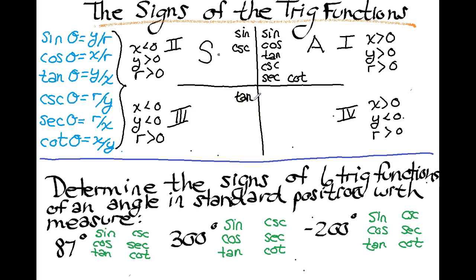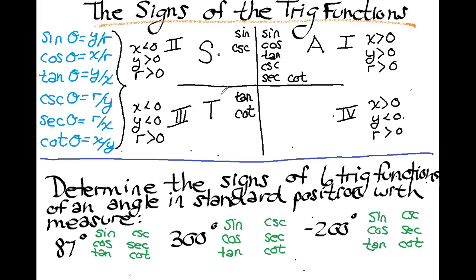Cosecant and secant are reciprocals of sine and cosine, which we said were negative, so we're not going to include those. And cotangent is a negative over a negative, so that makes its value positive. So in quadrant 3, we have tangent and its reciprocal.